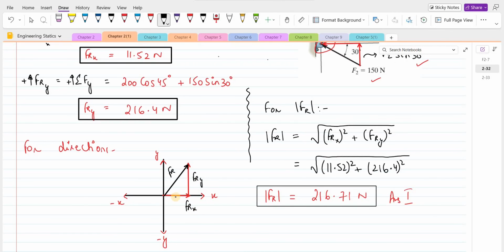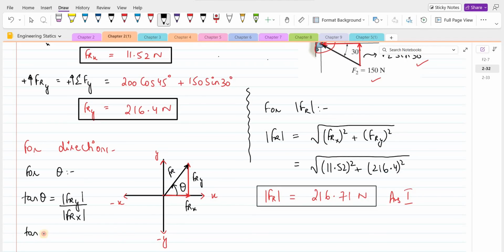Since we have to find the direction measured counterclockwise from the positive x-axis, we have to find this angle actually. So for theta, we can use the ratio of tan. So tan theta is equal to the magnitude of Fry over the magnitude of Frx.